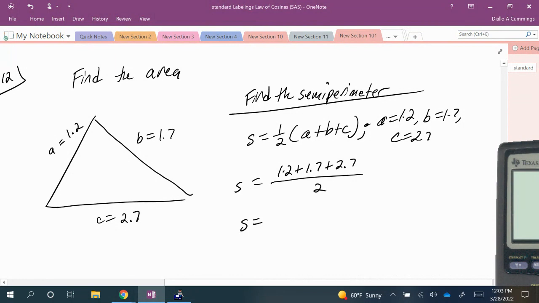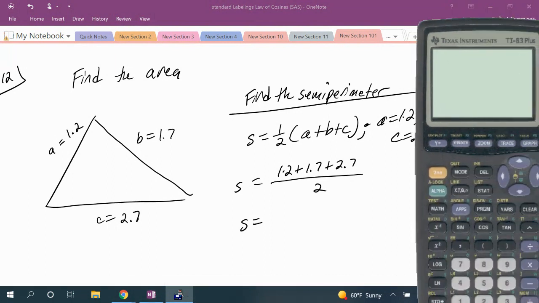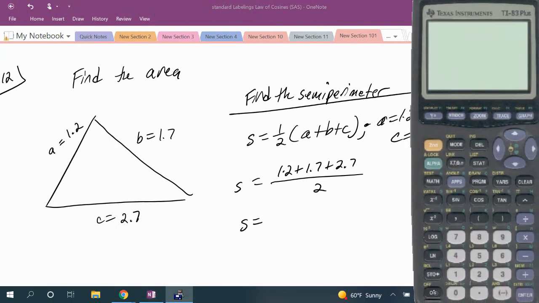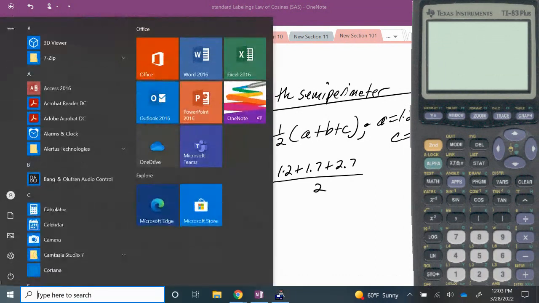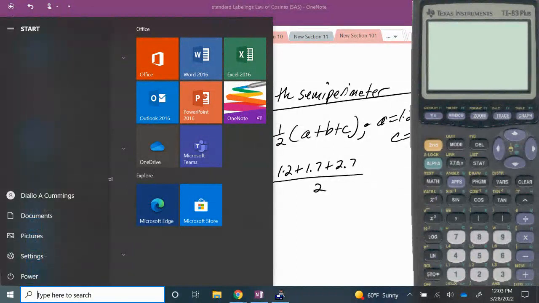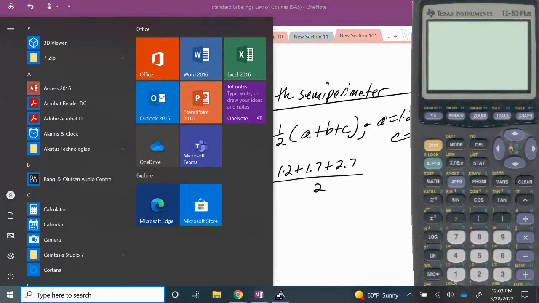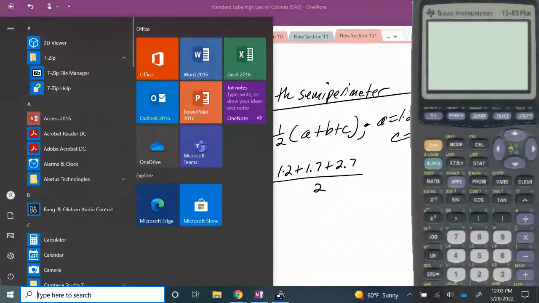All right. So this is basically how we're going to calculate S. And I have to flip my screen around.